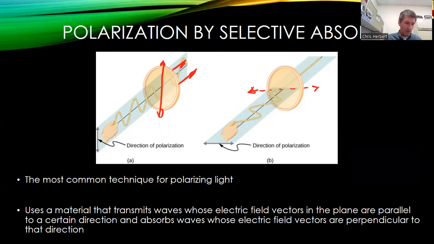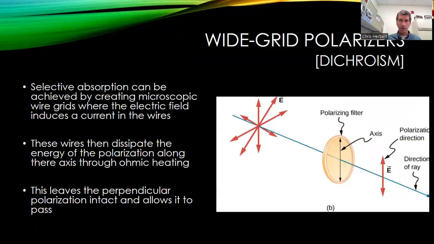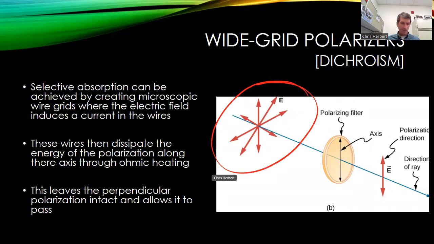But this polarization is going to be completely absorbed, and it's going to cease to propagate. So that is what we call a linear polarizer. And again, here's natural light, which has no polarization to it. After sending it through this polarizing filter, only one of the polarizations is going to remain.